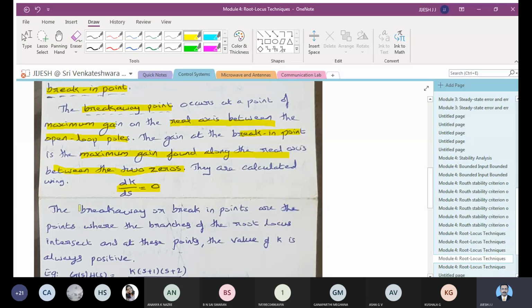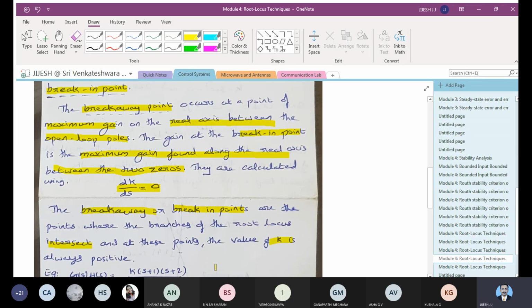Breakaway or break-in points are the points where the branches of the root locus intersect, and at these points the value of k is always positive.